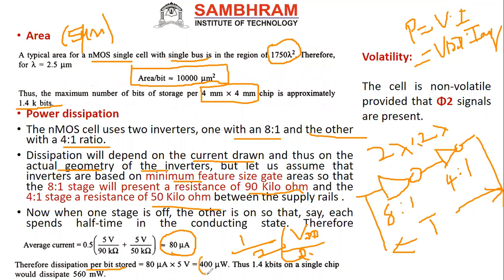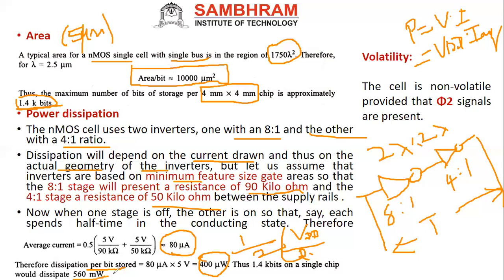So totally I will get 400 microwatts. Now I can say to store one bit, the dissipation is 400 microwatts. Then when I go for 1.4 kilobits, how much power dissipation will there be for that single IC, which has an area of 4 millimeter by 4 millimeter? It dissipates 560 milliwatts.